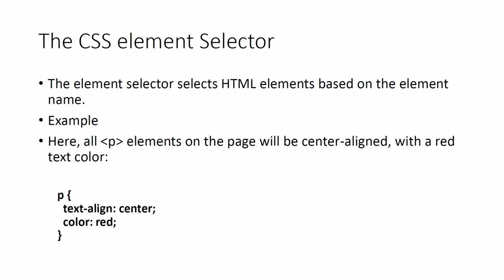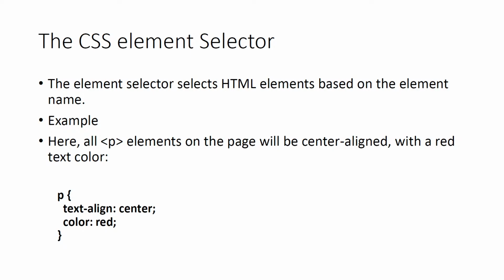So with the paragraph tag, we can just call the name. The simple syntax is just the name of the tag as the selector, then the declaration block opens. The declaration block is from the opening curly bracket up to the closing curly bracket.